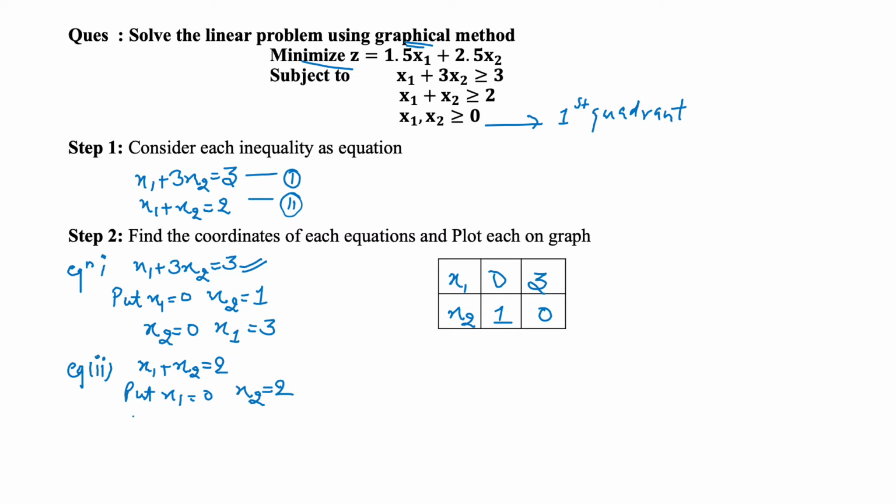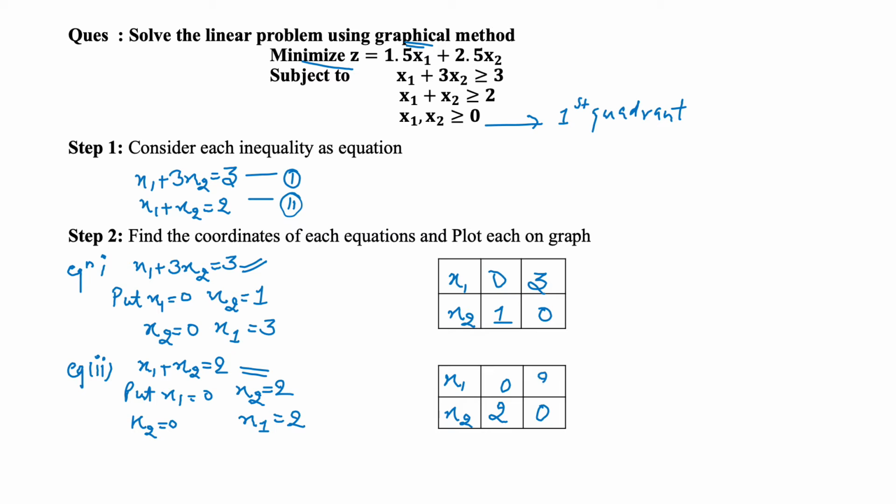And when x2 is 0, x1 equals 2. So for the second equation, my coordinates are (0, 2) and (2, 0). I get 2 coordinates for this line equation.